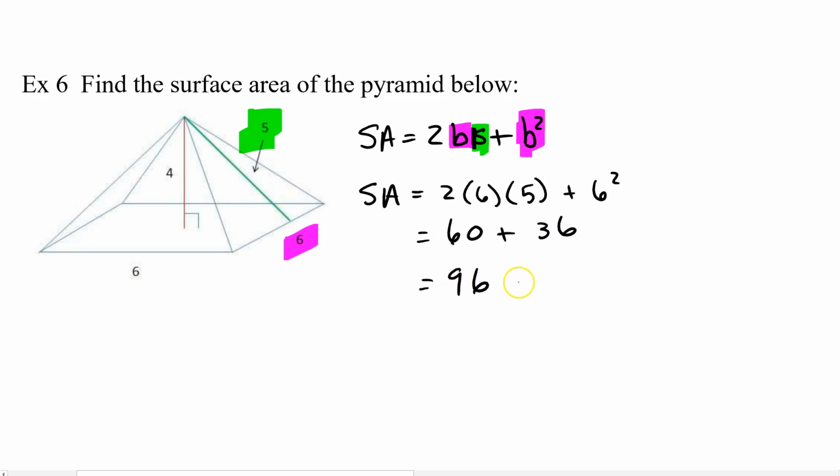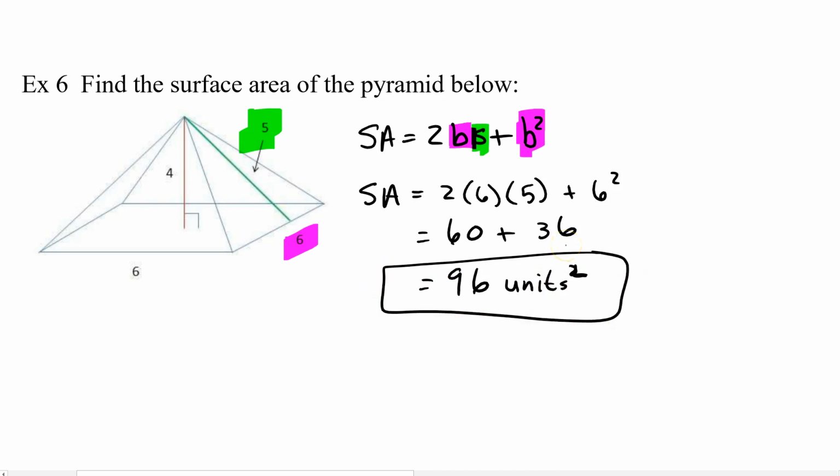And there are no units, so we can just leave it blank. That's totally fine. Or if you want to be real fancy-dancy, you do units squared. Just like that. Put a box around it. Nice job.